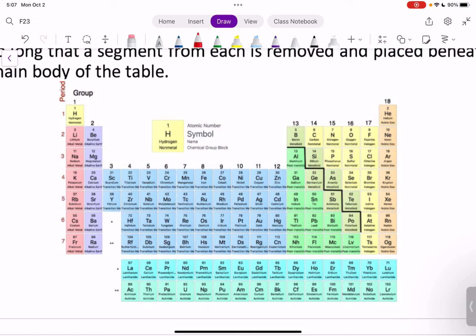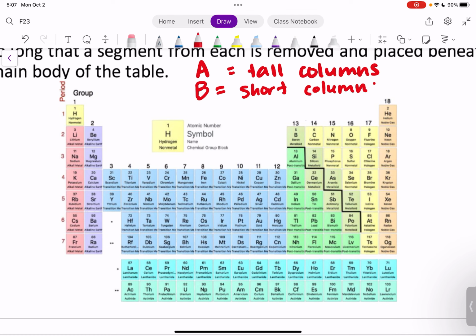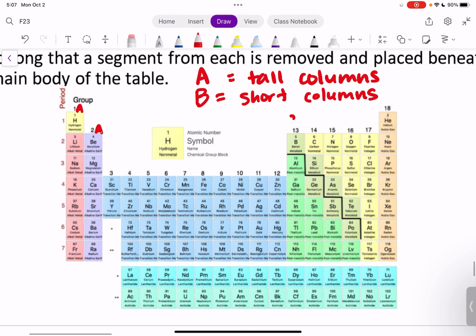The way that works is that the tall columns are A, or main group elements, and the short columns are B, or transition metals. So the idea is, we have 1A, 2A, 3A, 4A, 5A, and so on.